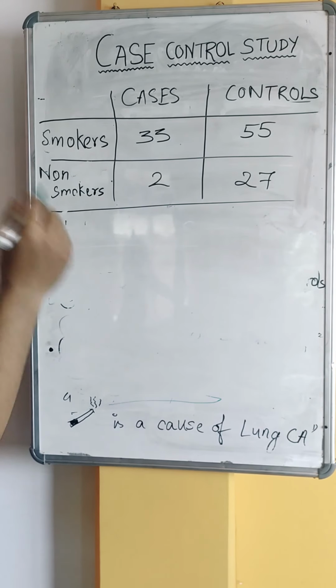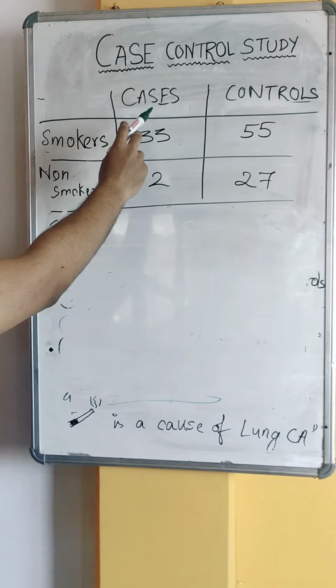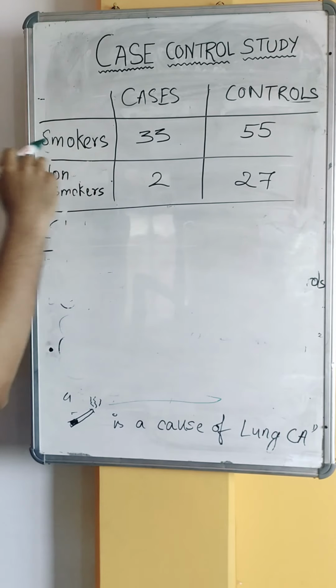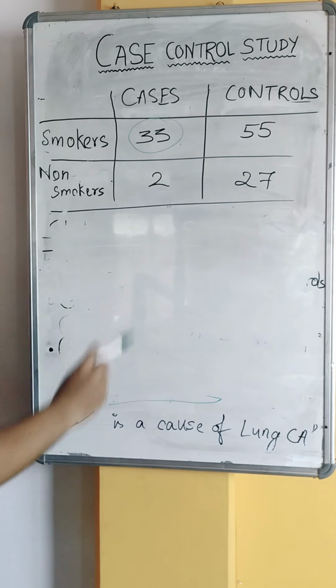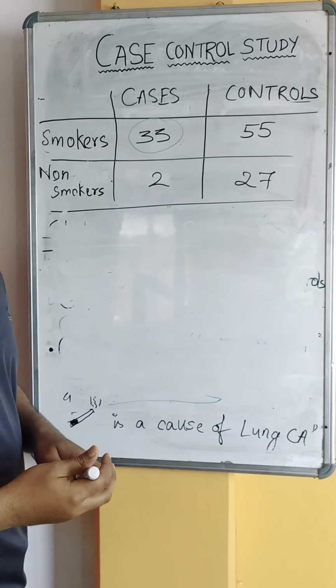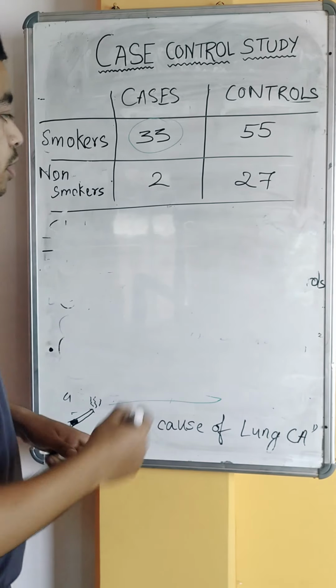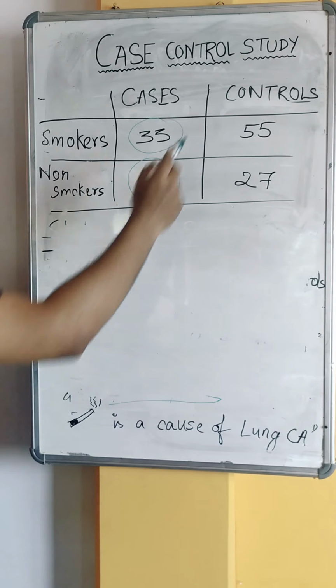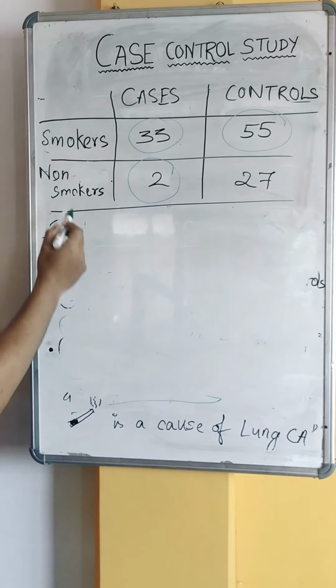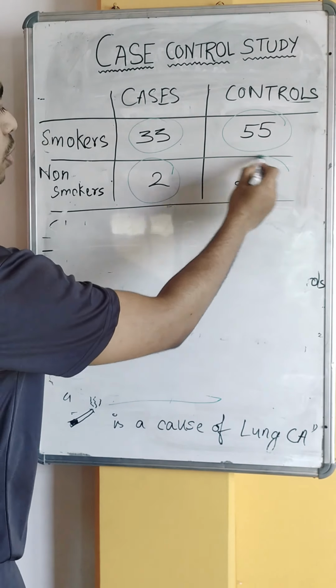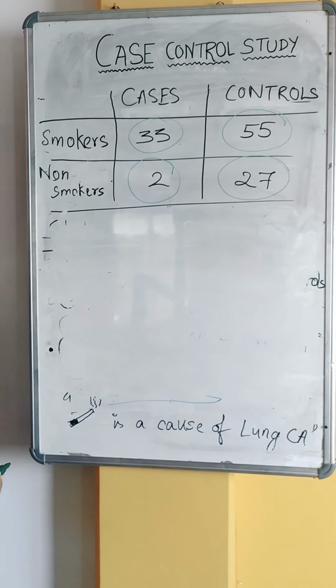The number of cases who have said yes, I was a smoker 15 years back is 33. The number of cases who have said I was not a smoker is 2. The number of controls who have said I was a smoker is 55. The number of controls who have said I am a non-smoker is 27.